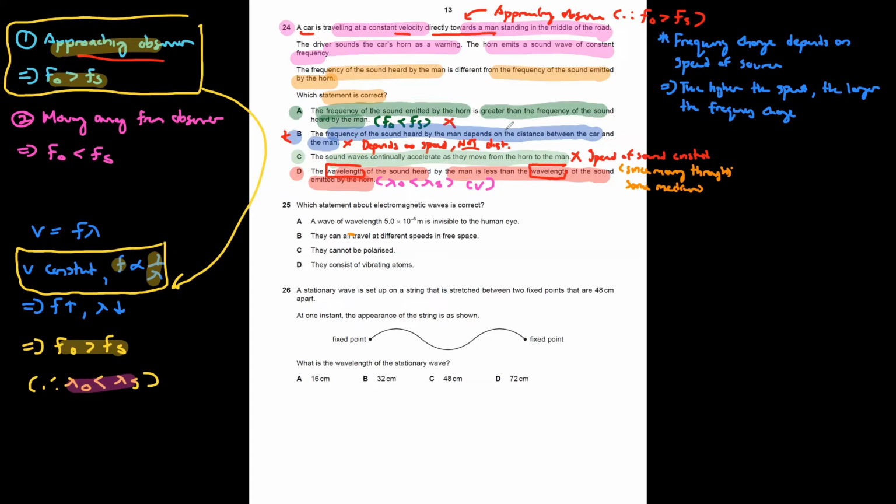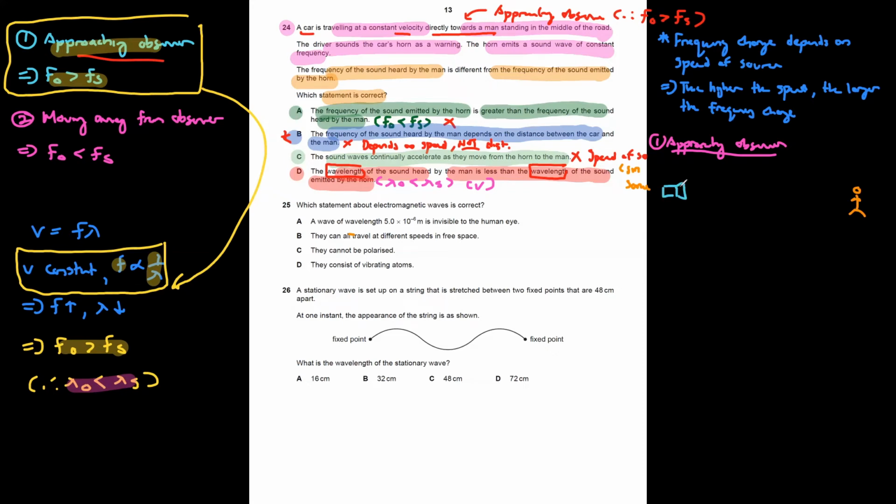So let me just erase certain things here because it's in the way. Let's consider this one. I have a case where you have a source that's approaching an observer. Let's just say that my observer is here. I have a few cases that I want to talk about.